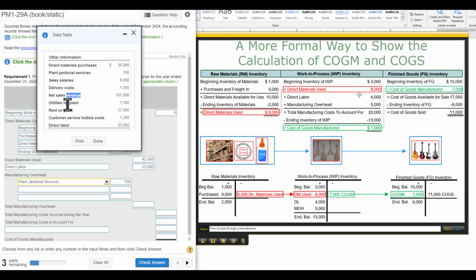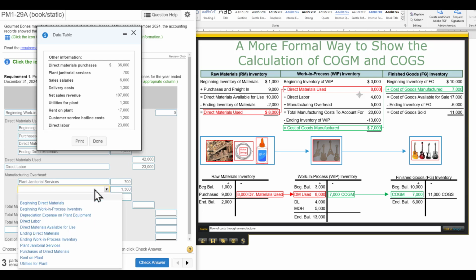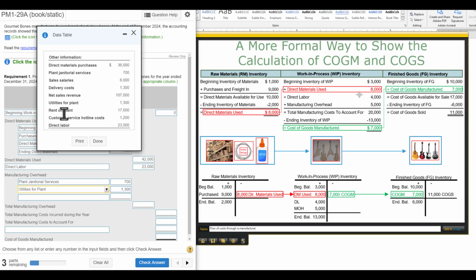Revenue obviously is not this. Utilities for the plant. Because these are for the plant, we need to include this in manufacturing overhead. Let's see what else we got. Rent on the plant, $17,000. Copy and paste.